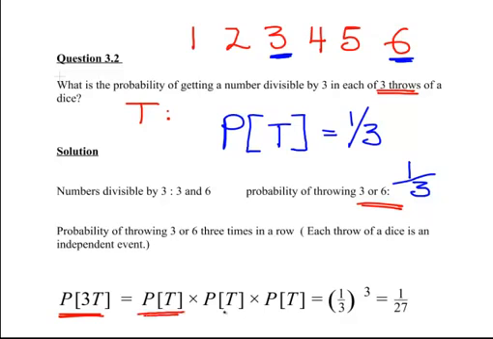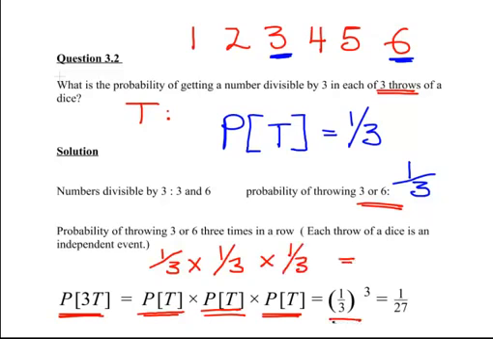So essentially, it's the probability of T in the first throw, the probability of T in the second throw, the probability of T in the third throw. So all we have there is 1/3 by 1/3 by 1/3, and if you want, that is 1/3 cubed.